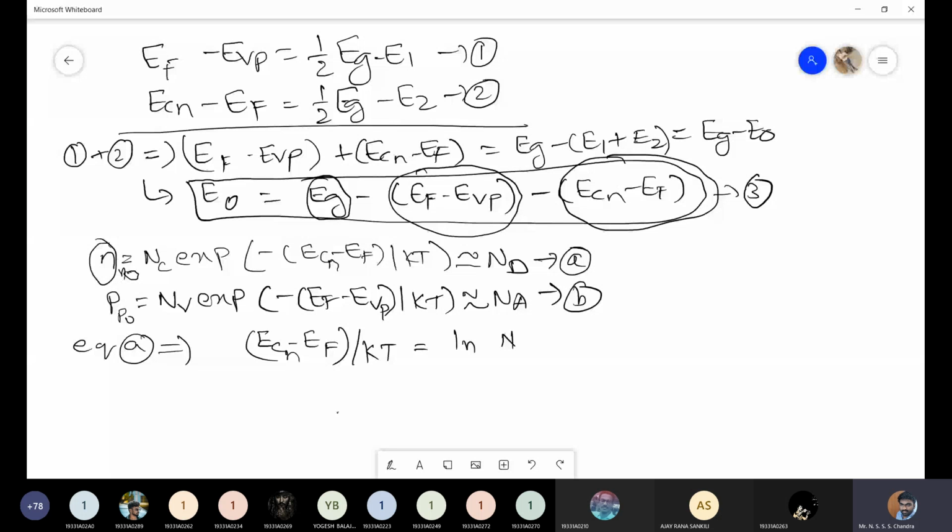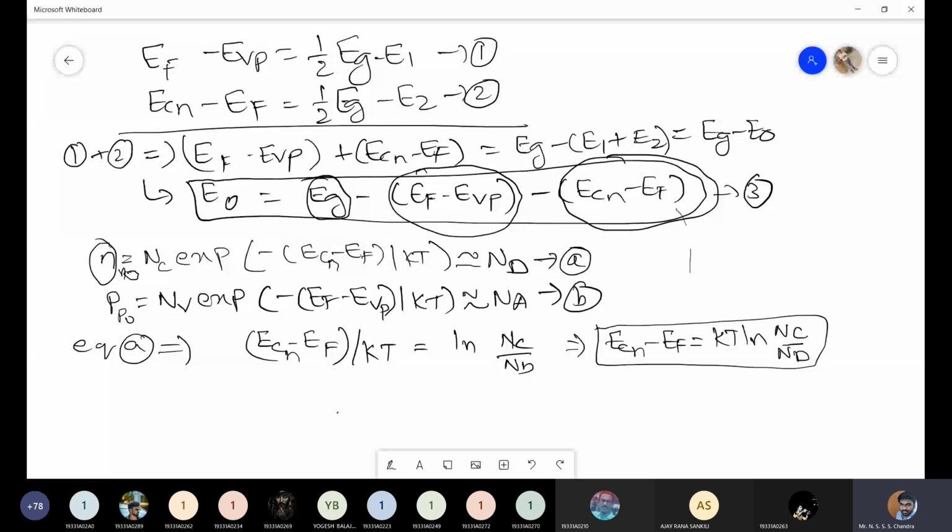Please try it on your own on one side. Because of the minus sign, this will be interchanged. Instead of ND by NC, you will get NC by ND. Now from this I can write ECN minus EF is equal to KT log n NC by ND. So this is the expression that we need to replace in equation 3.